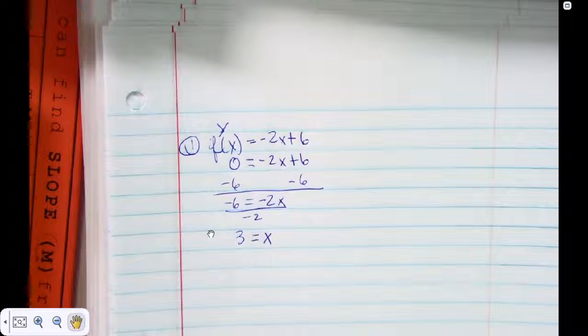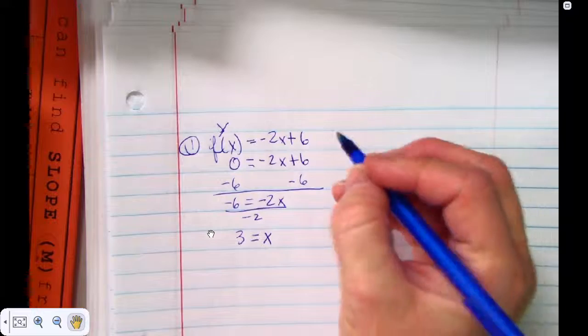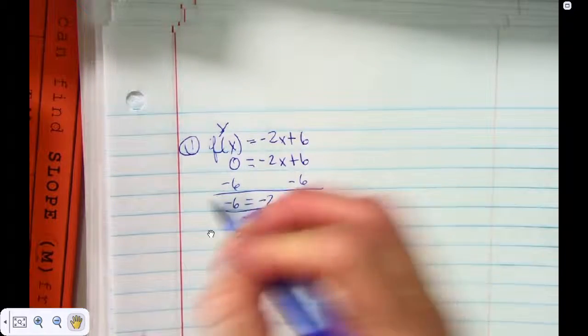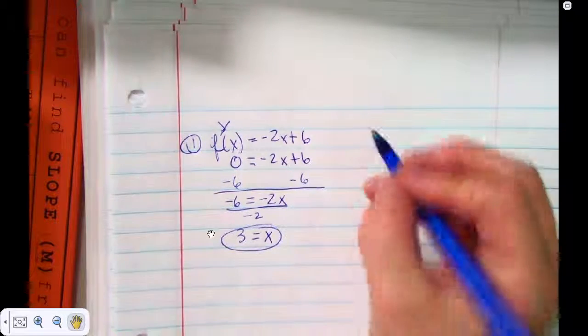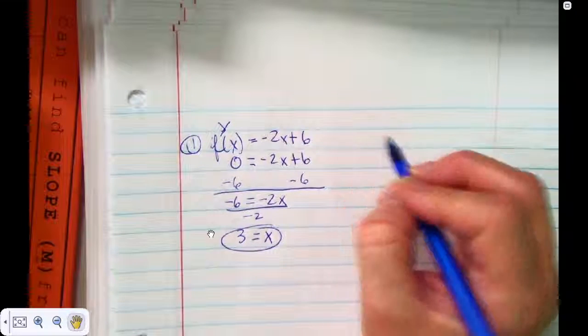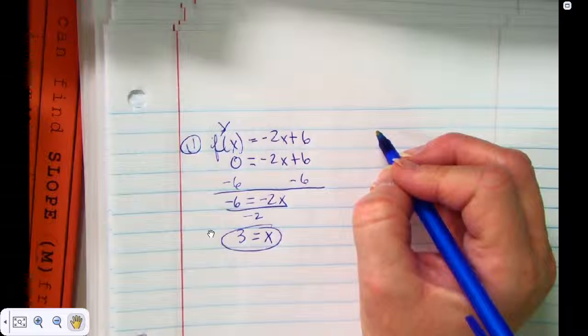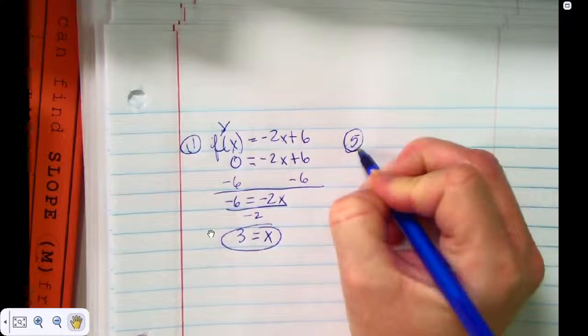So does everybody see that that's your answer? So 3 is your answer, let's just circle that. We'll know what it means. Okay, now let's skip and do number 5.